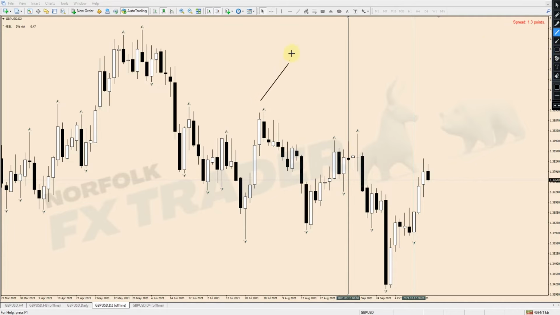If we have this pullback like this in the market, and then we see this candlestick appearing at the pullback, then that is likely to indicate a continuation higher. But if you have this pattern at the high of the move, like here, then it's likely to indicate a potential reversal back.